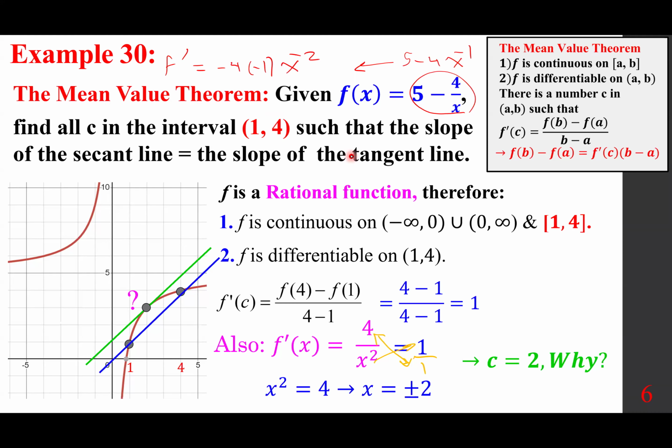By the way, at -2, just for the sake of argument, there's also a tangent line parallel to the secant line, but they just want it from 1 to 4. So I hope everybody's comfortable with the concept.